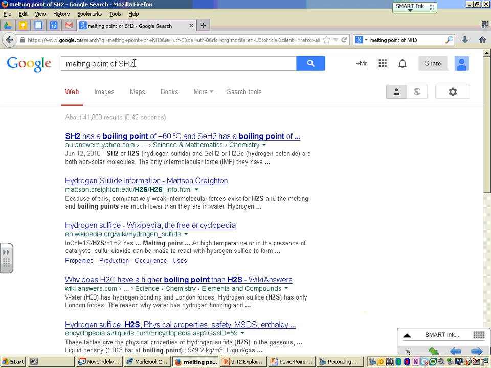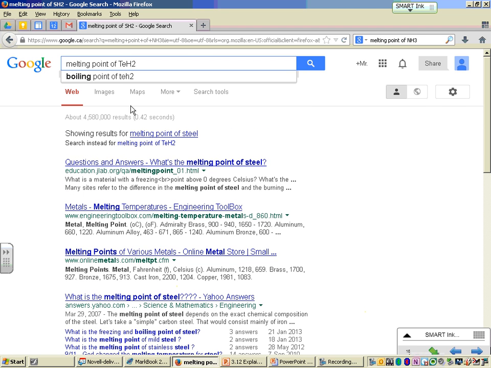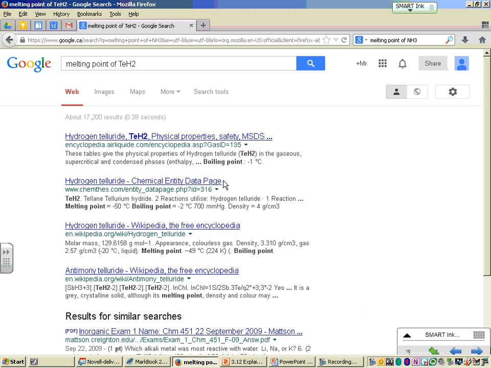Come on, let's finish this off, folks. Or are you already done? It's giving me boiling points. Oh, melting point of hydrogen telluride, negative 50. So you'll notice the electron effect has not even come into play, even close to it. That's a boiling point, which means its melting point's much colder than that. We're getting to negative 50.